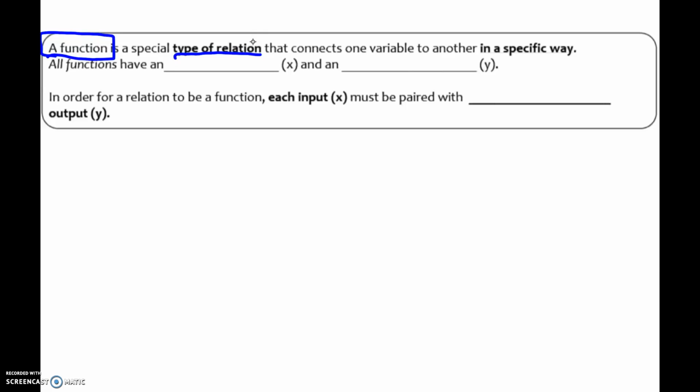So it's a specific setup of a bunch of points that connect one variable to another in a special or specific way. The two variables that we're connecting or relating to each other are called the independent, just like in science, the independent variable is your x, and a dependent, which is your y.